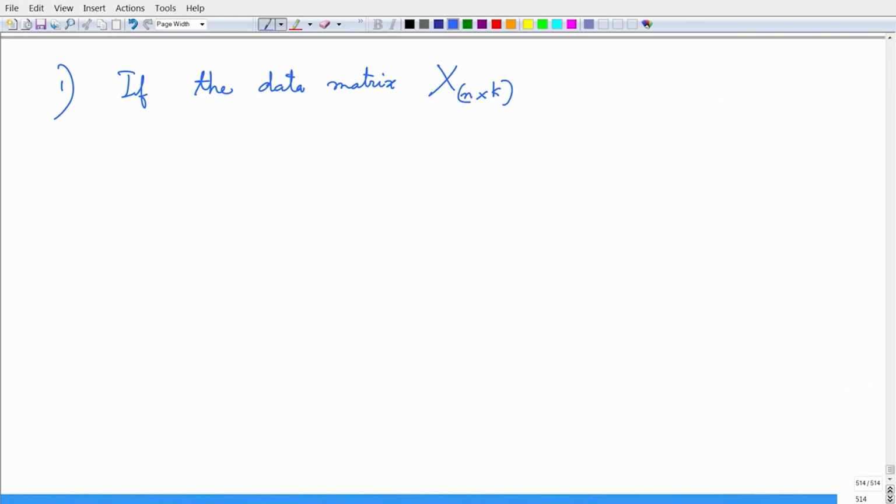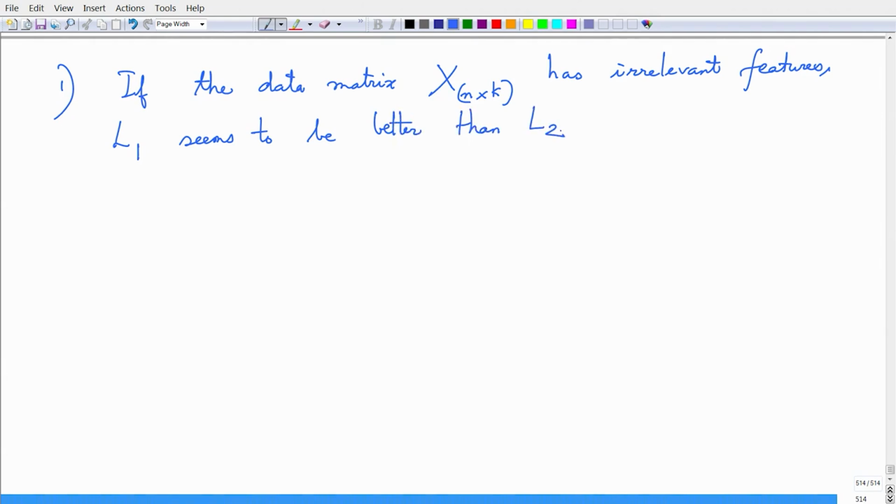So if this data matrix has irrelevant features, L1 seems to be better than L2, which implies that we have a low variance feature selection.